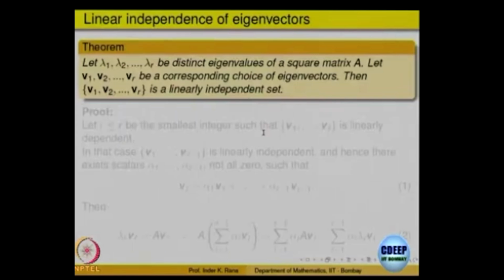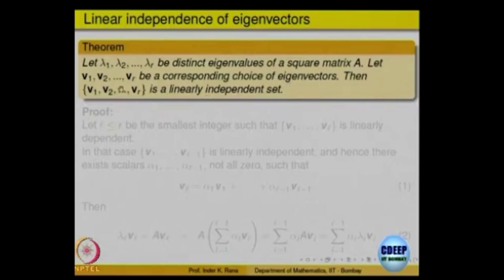First of all, there is an observation. Suppose lambda 1, lambda 2, ..., lambda r are distinct eigenvalues of a square matrix. All the eigenvalues may not be distinct, since they are the roots of the characteristic polynomial, and roots can repeat. So let us assume that out of the n, lambda 1 to lambda r are distinct eigenvalues of the given matrix, and v1, v2, ..., vr are the corresponding eigenvectors.